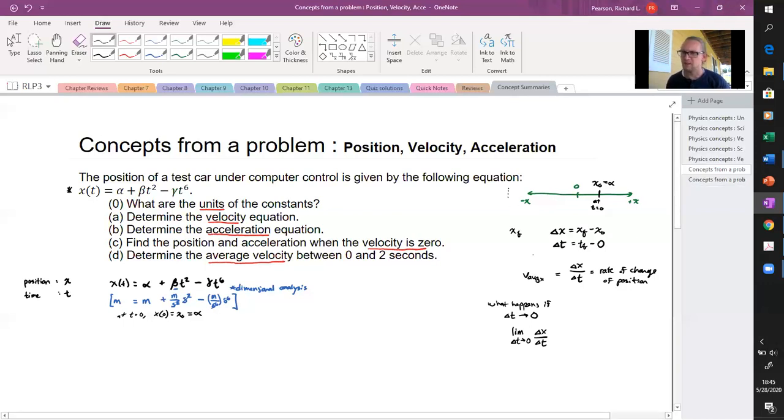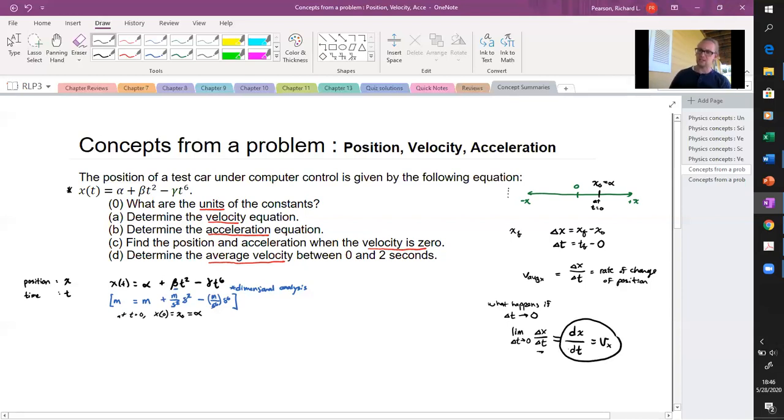But specifically, we're looking at this denominator, and as this denominator gets smaller and smaller, this becomes a derivative, or a single point in time, which allows us to define this as the velocity in the x direction.